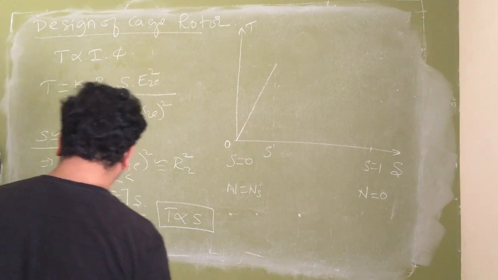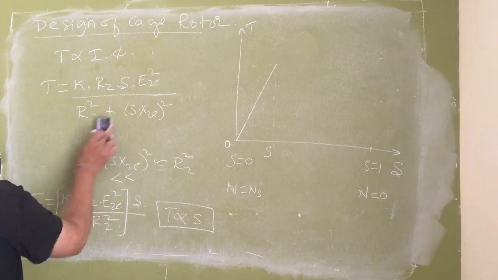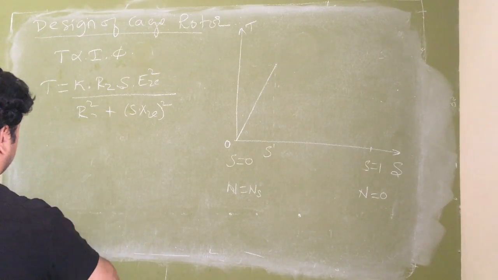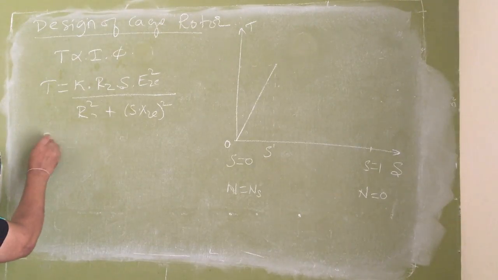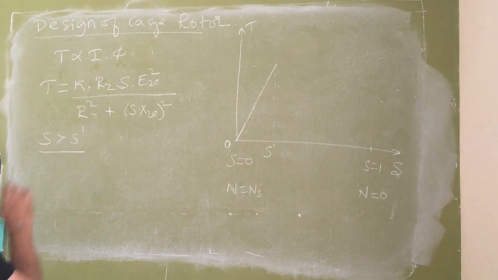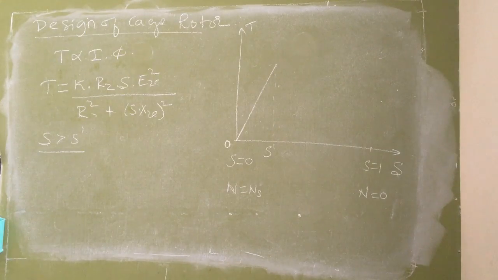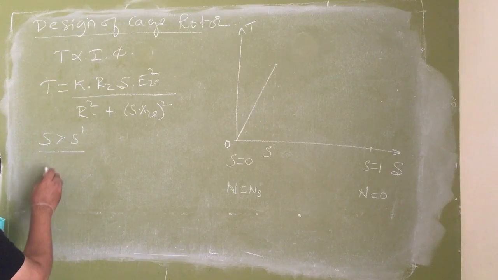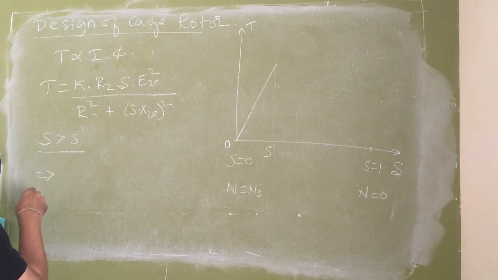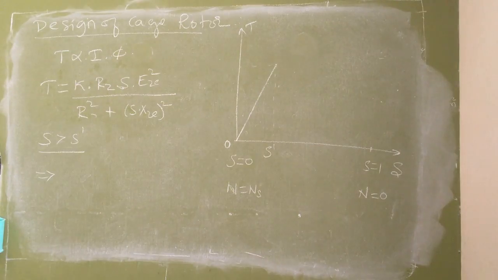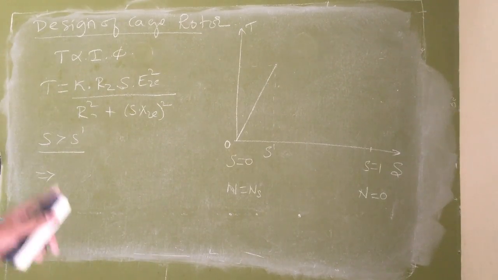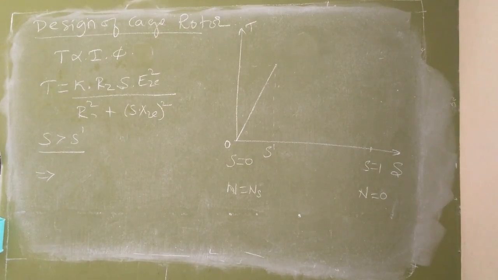So for the second case, S greater than S dash. I will take some reference point, it is not standard, just to understand. Now S greater than S dash implies S has got some considerable amount of value. Please remember that X2E is much greater than R2.